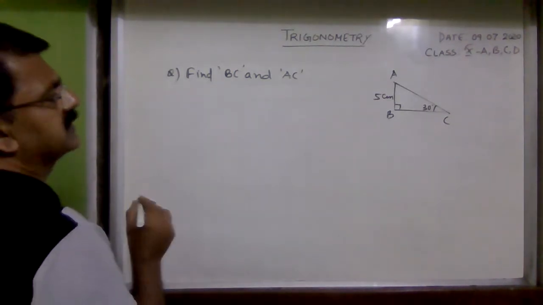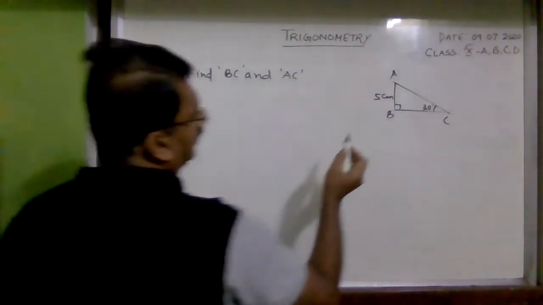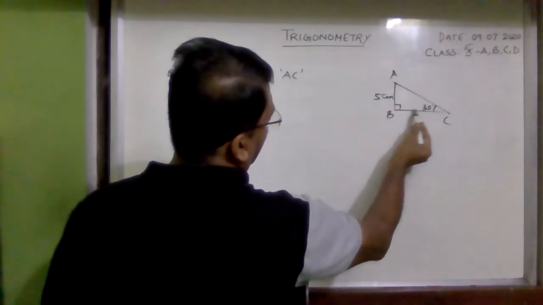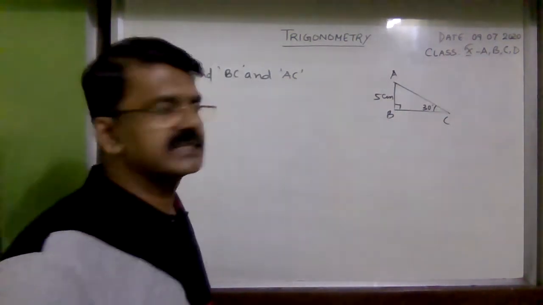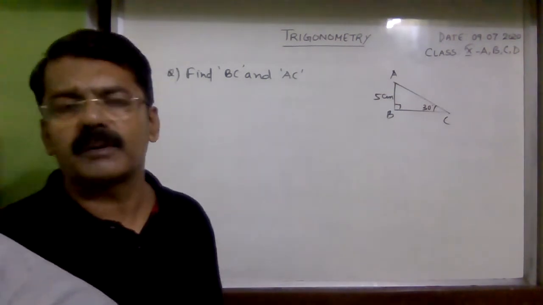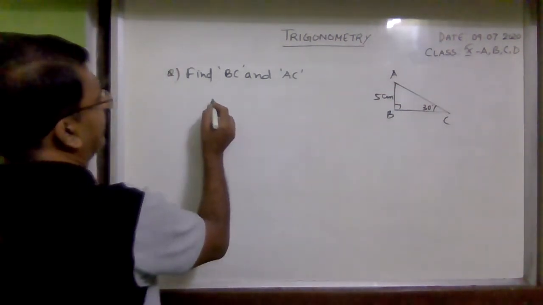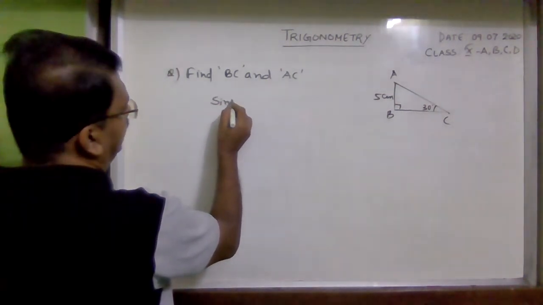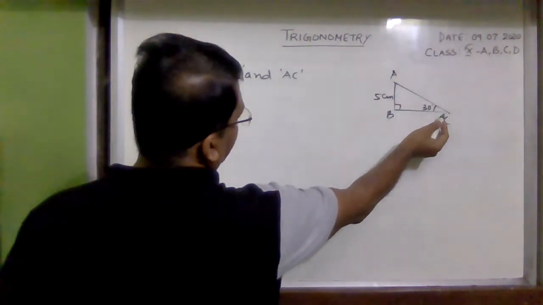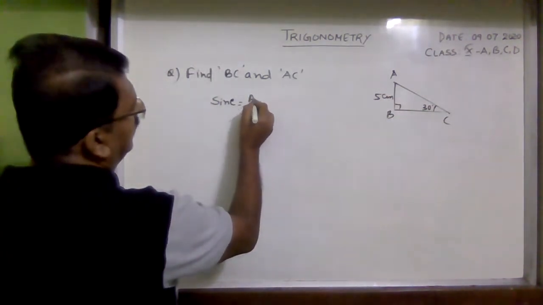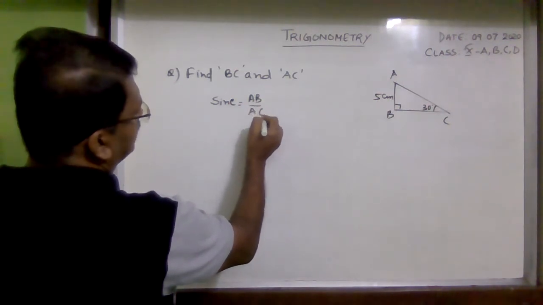So first of all, you see in this triangle the perpendicular is given. So sin theta is perpendicular upon hypotenuse. So if I take sin C, this is the reference angle, so AB is perpendicular upon hypotenuse AC.